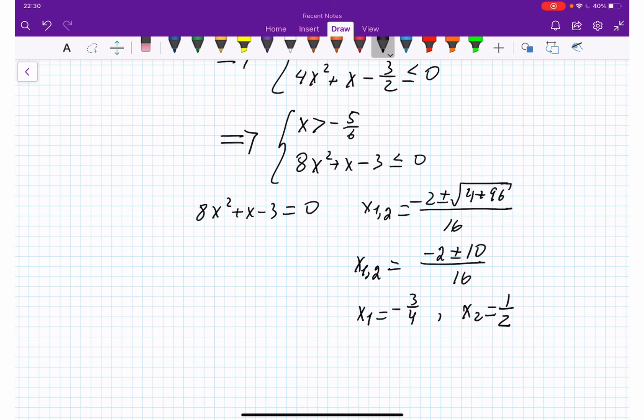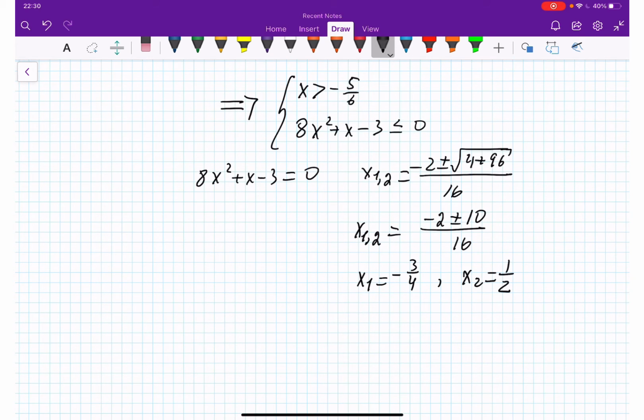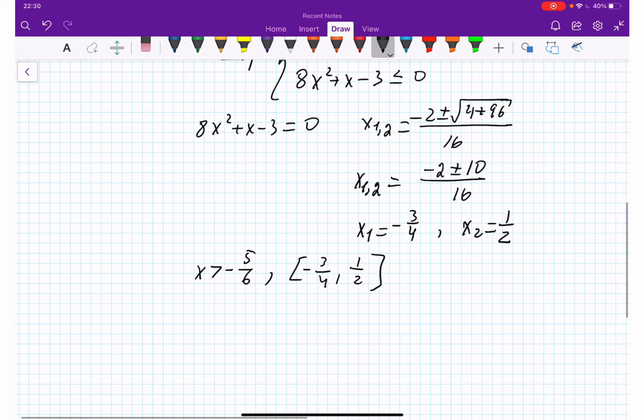Therefore, for the answer, x is greater than negative 5 over 6, and the roots are negative 3/4 and 1/2.